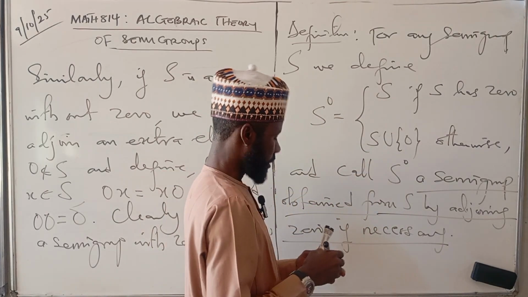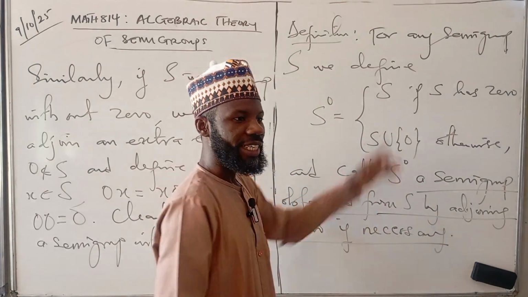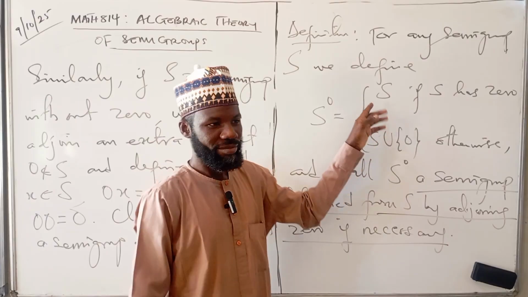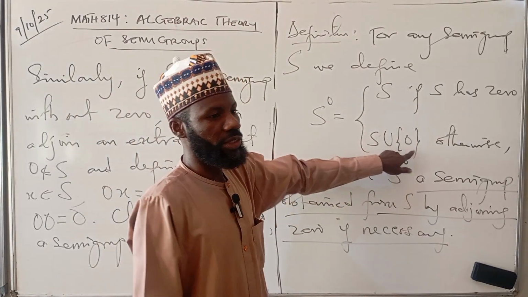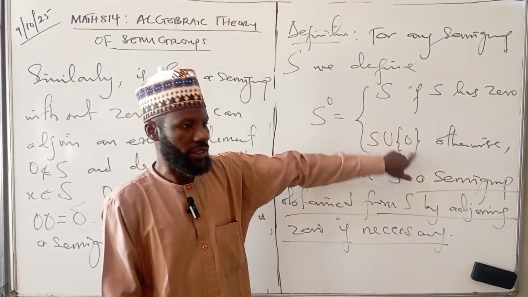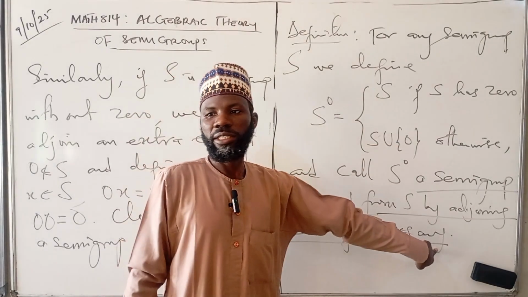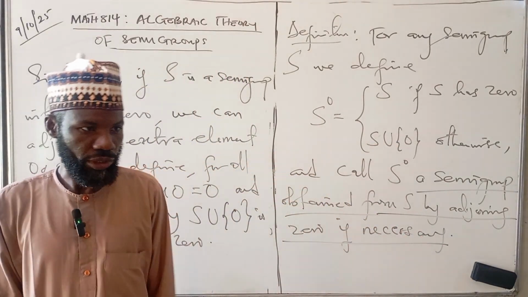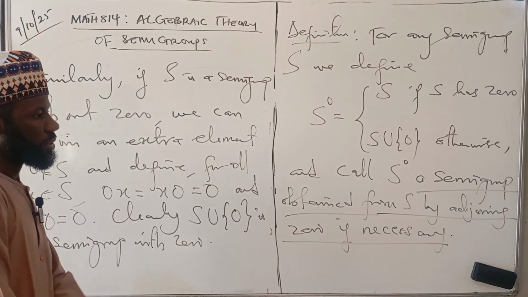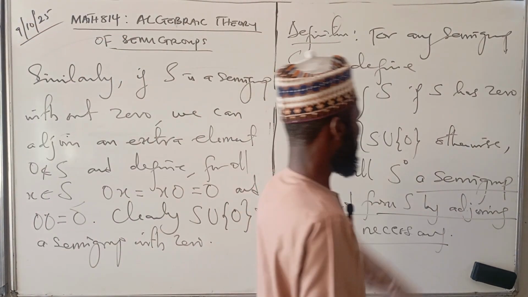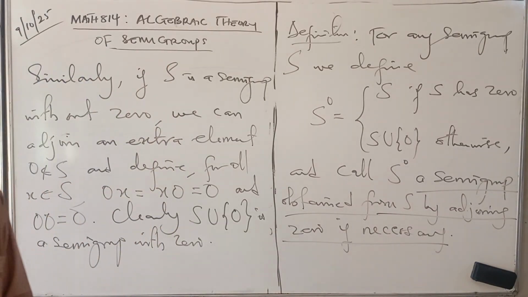Because of the way you define it. If there is 0 already, you don't need to adjoin. So it's not necessary to do the adjoinment. But if there is no 0, then that is when it is necessary to adjoin. Are you following? So the adjoinment is only when it is necessary that you do it. I hope it's okay. So this is what we call semigroup with 0 adjoined if necessary. Okay?